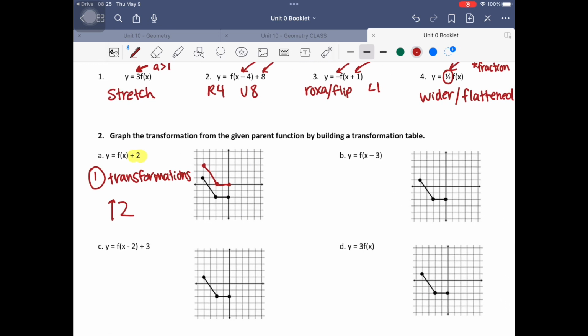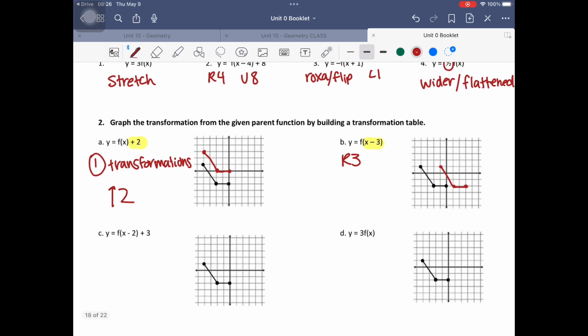Let's go to the next one. Looks like we got 1 over here, and it looks like this one is going to go right 3. So I'm going to go 1, 2, 3, 1, 2, 3, 1, 2, 3. Perfect. So we're just moving the dots.